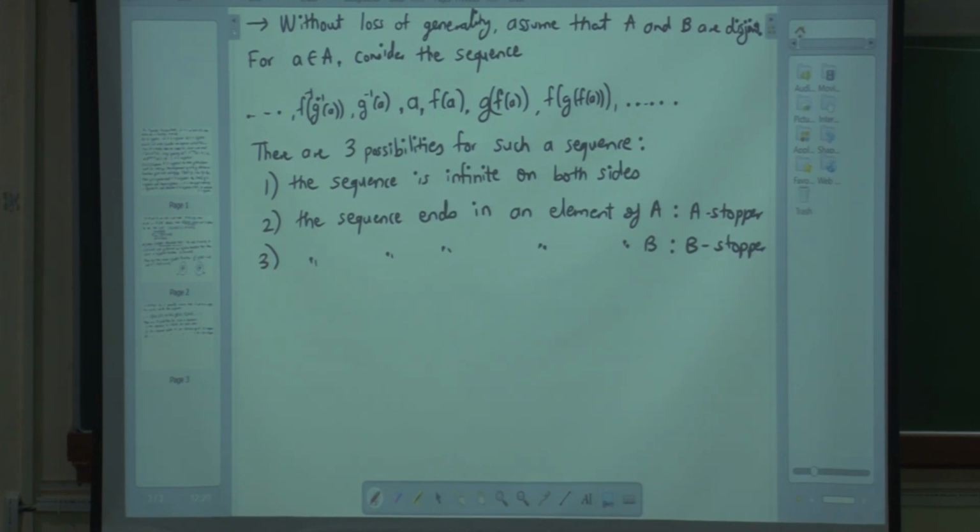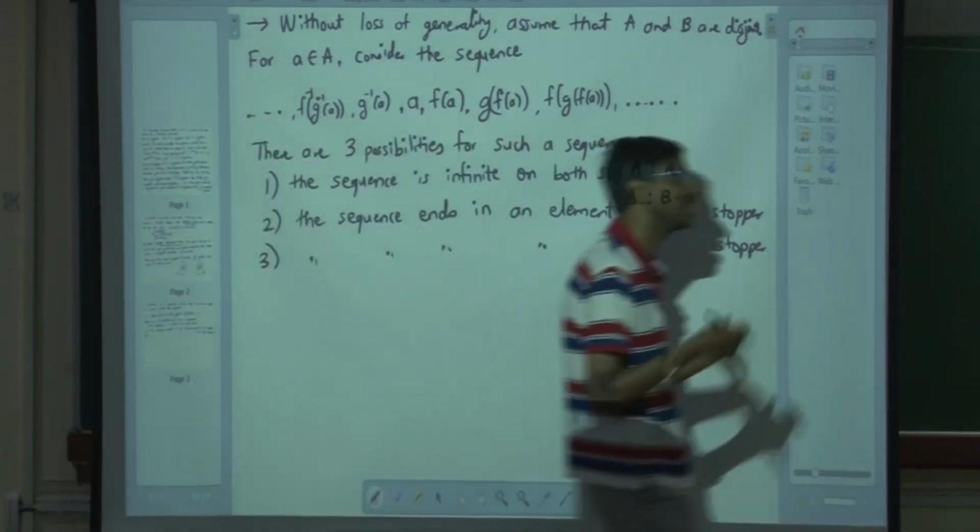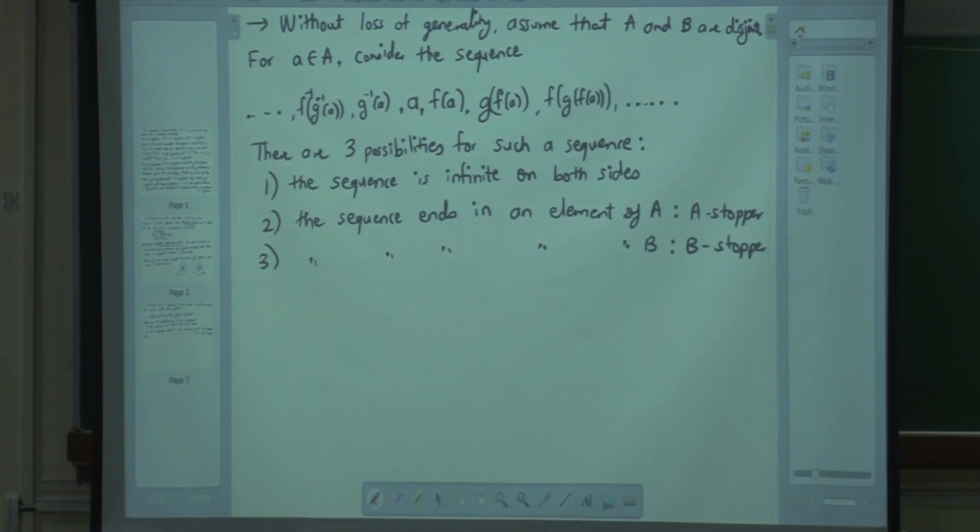Correct? How? There is no other choice left. What does that mean? It has to be either infinite or end in A or B. No, we are not talking about whether it is infinite or an A stopper or a B stopper. That's not the point.